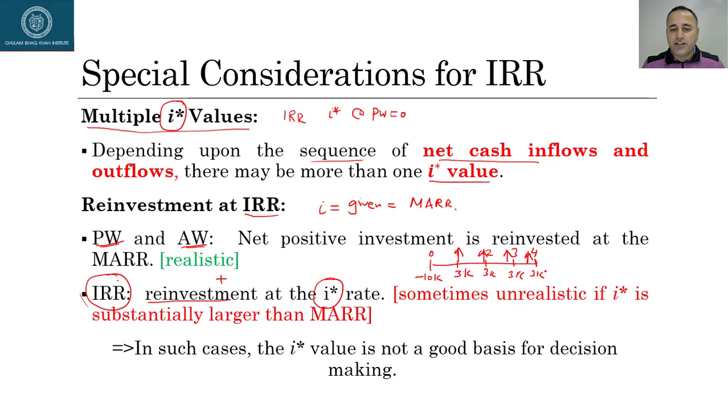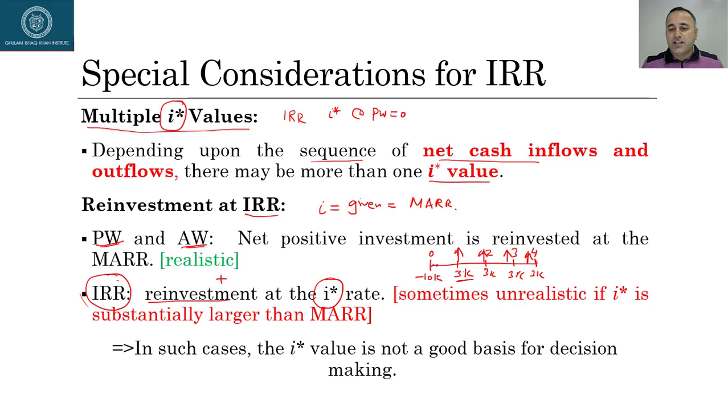There will be an internal rate of return, of course, but in order for me to discount this $3,000 at a rate of IRR, it really means that the built-in assumption is that I have the ability to invest these $3,000 at the internal rate of return.